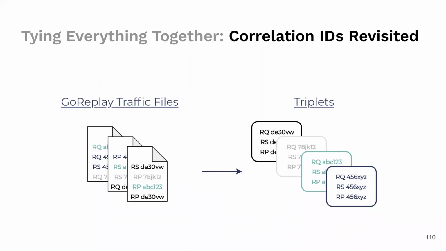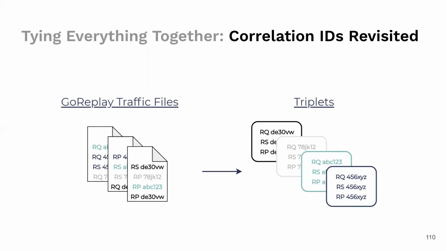Mountebank, our downstream tool, is smart enough to match and group traffic based on correlation IDs, but GoReplay, our upstream tool, is unfortunately not. So for Guardrail to work, we need to turn GoReplay's upstream traffic files into a list of triplets that we can then iterate through and evaluate individually.